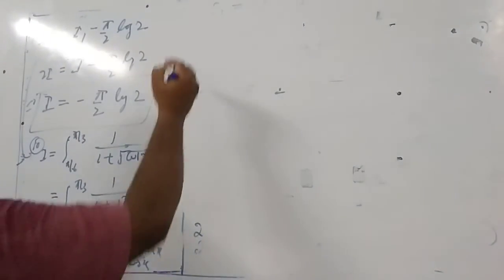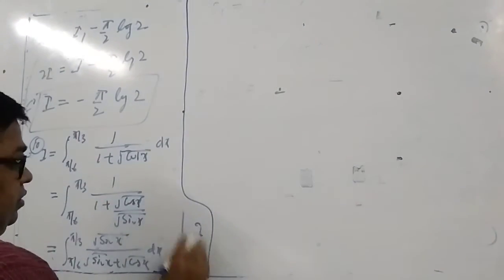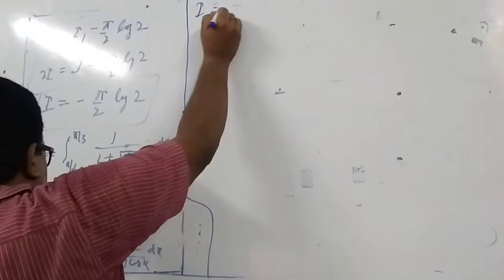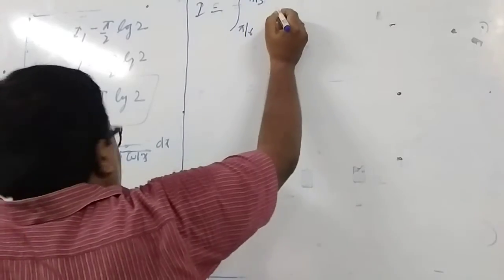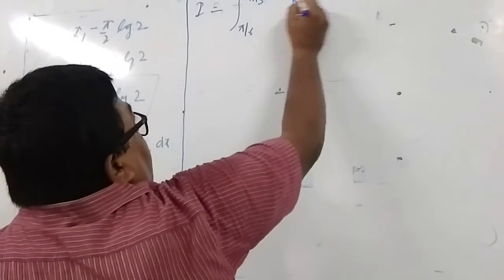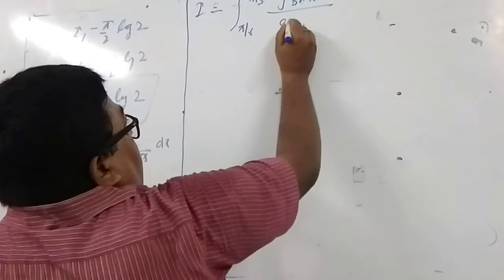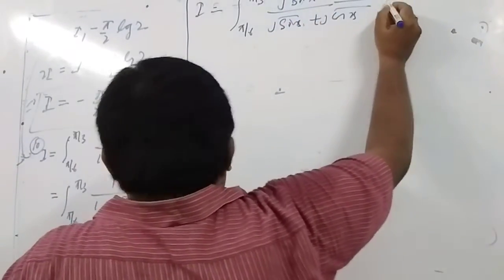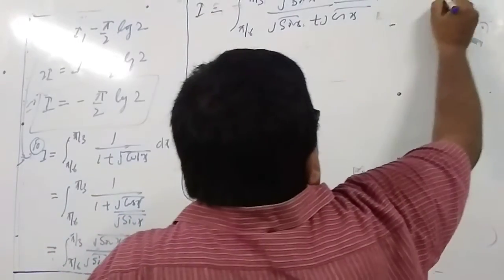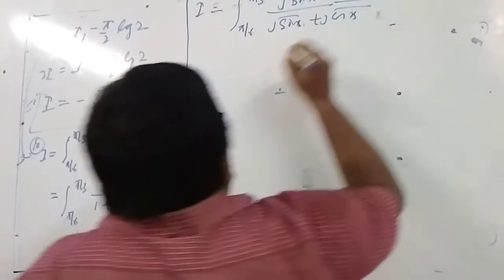Okay, so now next stage, this I becomes the integral from pi by 6 to pi by 3 of root sin x over root sin x plus root cos x. Now you can consider this as equation 1.